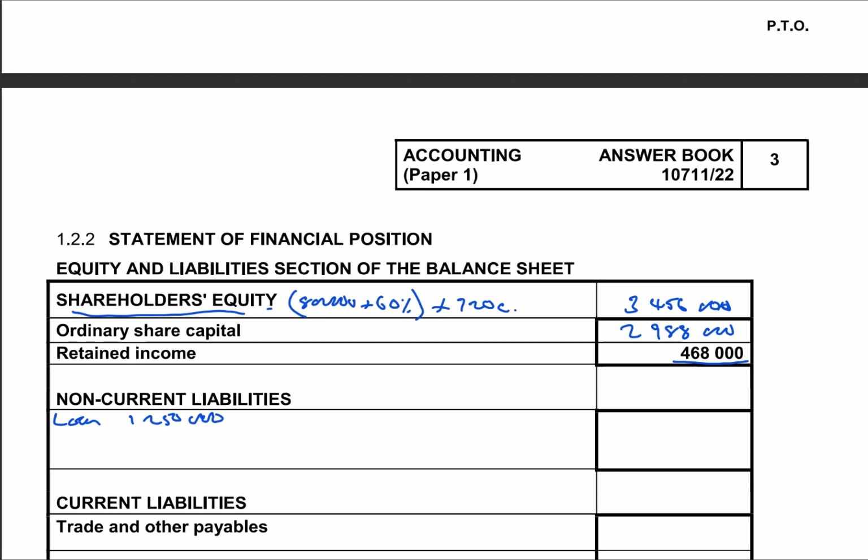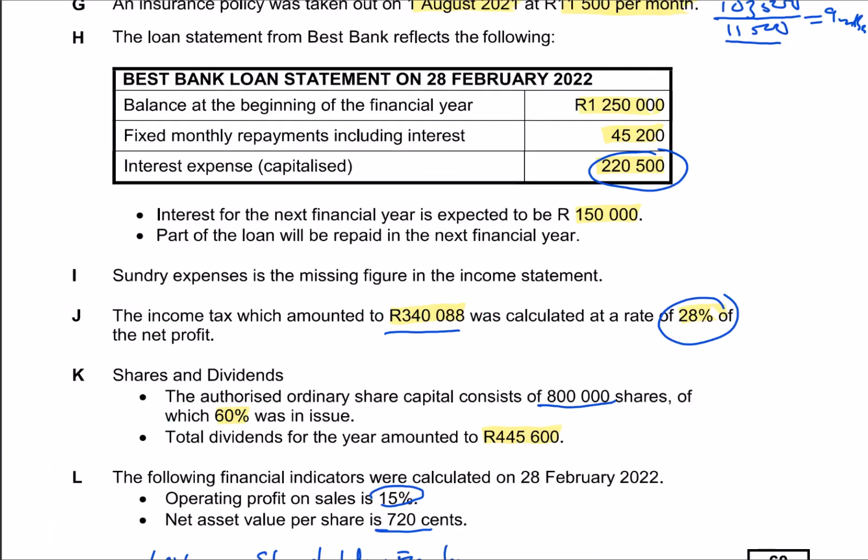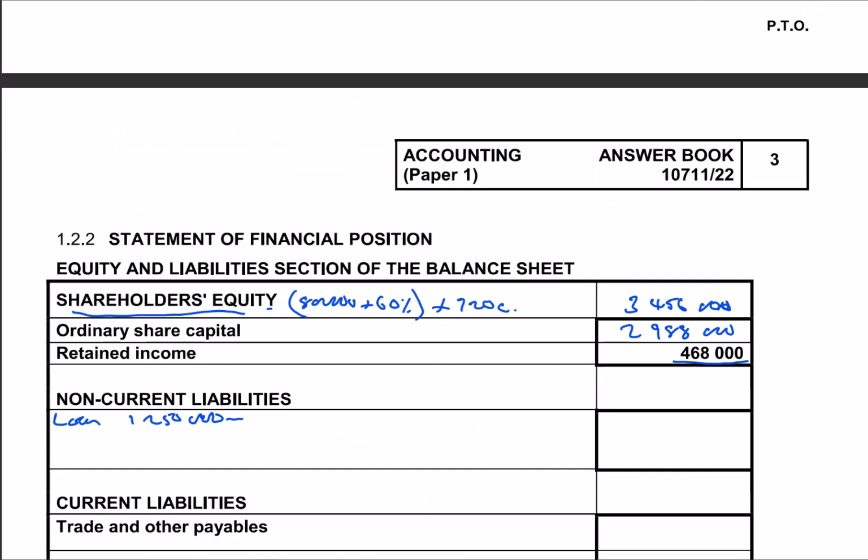This 1,250,000 is the balance at the beginning of the year, minus repayments. Remember the repayments, it's 45,200 multiplied by 12.